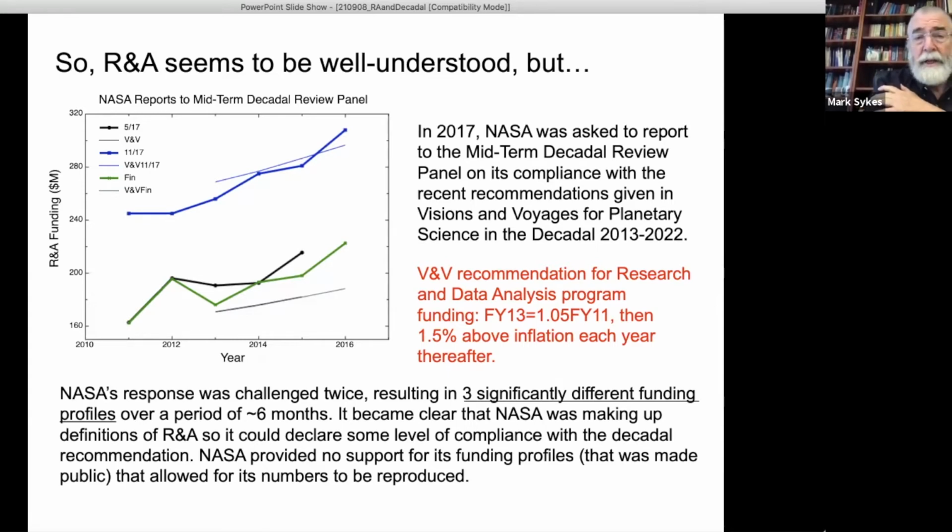In the initial presentations given by NASA, they either had a line or had some numbers, but they didn't include the Decadal recommendation, which was increasing 1.5% over inflation each year thereafter, and they forgot to include the inflation. So it's just 1.5%. So where this line appeared on their presentation was down a little bit. But this is all from the midterm Decadal review panel presentations, which is on the Academy site.